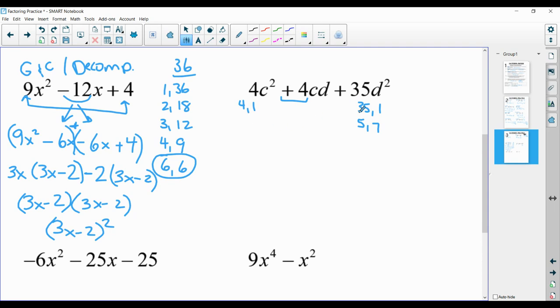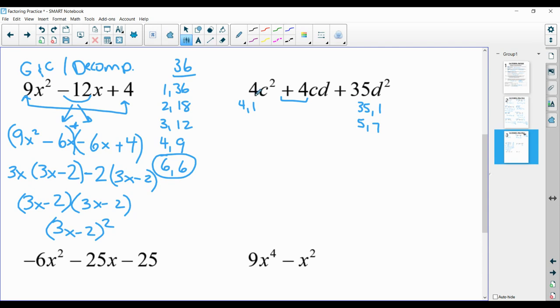So we start with 4 and 35. Well, I've got a really small number, so I definitely am not going to start with 4 and 35. But I could try 4 times 35 and 1 times 1. The answer is no, it doesn't work. So then I could try 1 and 35. Still looking at that sum, I know that's probably not going to work. So I go with the other combinations. 4 and 5 is 20. 1 and 7 is 7. Will a 20 and a 7 give me a sum or difference of 4?